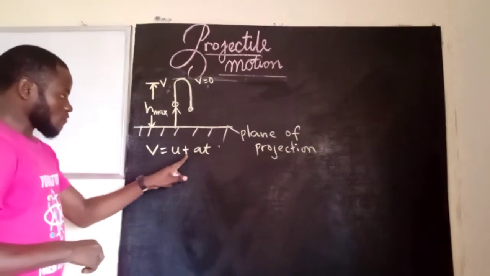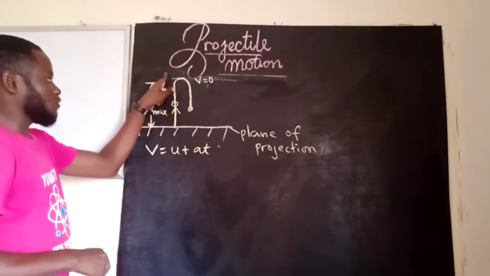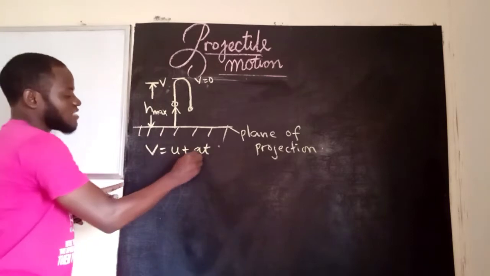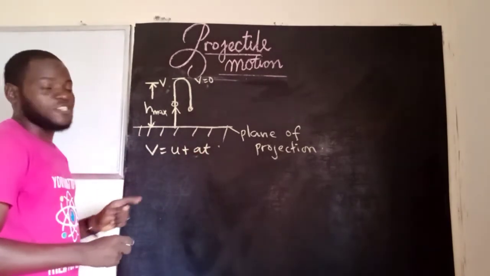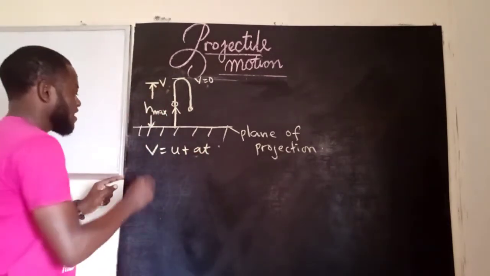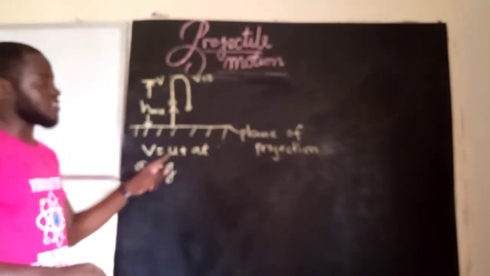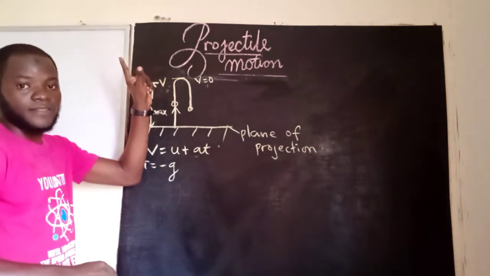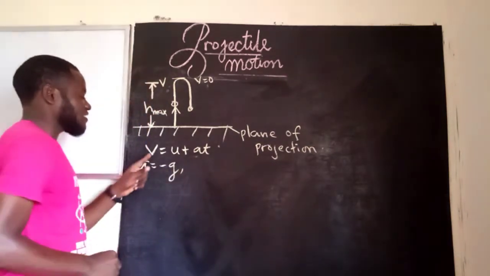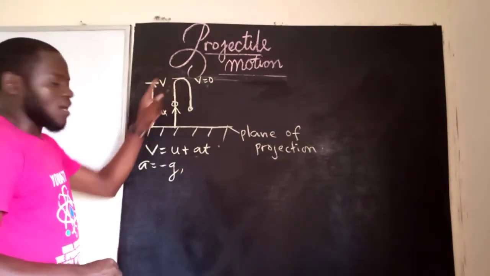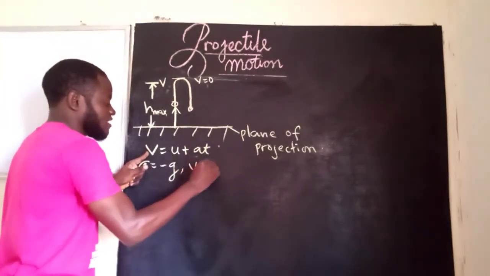Now, as the body is projected upward, the acceleration is the acceleration due to gravity, and it's going to be negative because it's moving against gravity, it's moving upward. At maximum height, the final velocity becomes 0.